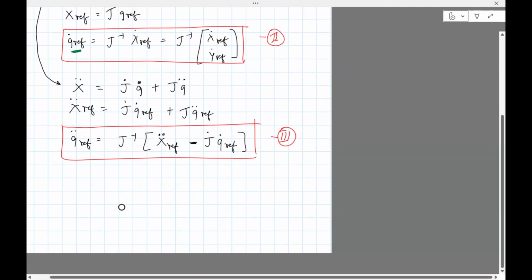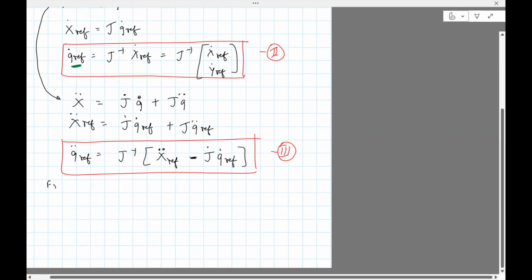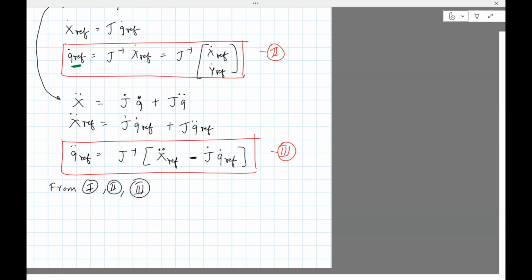So we have now from 1, 2, 3, we have computed q ref, sorry, then q dot ref, then q double dot ref from capital X ref, capital X dot ref, capital X double dot ref.